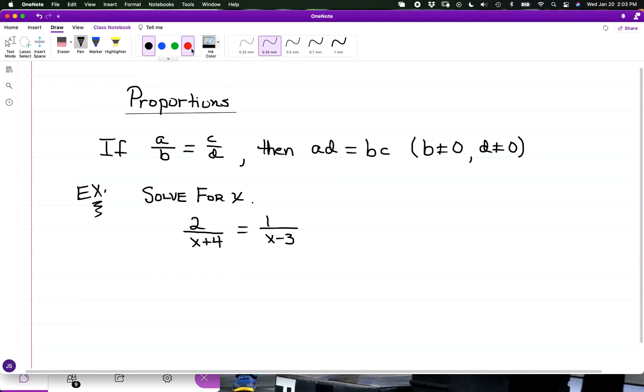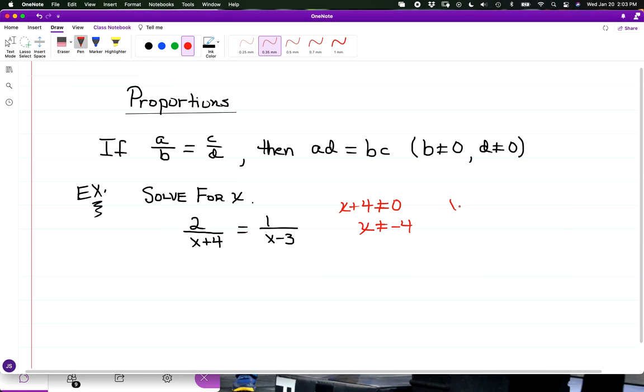And for the restrictions, we do not want zero-valued denominators. So x plus 4 cannot be 0, so x cannot be negative 4.